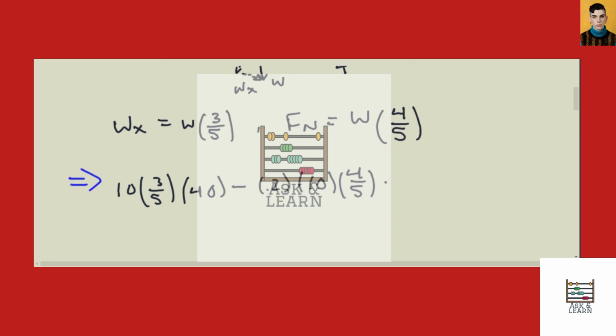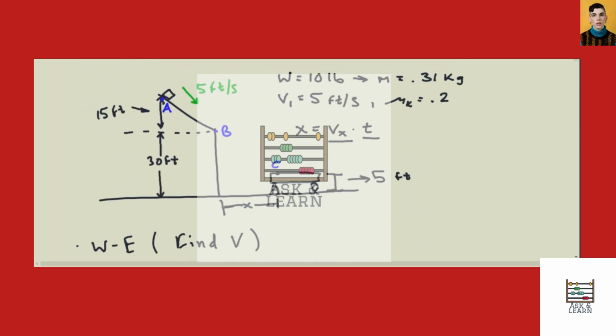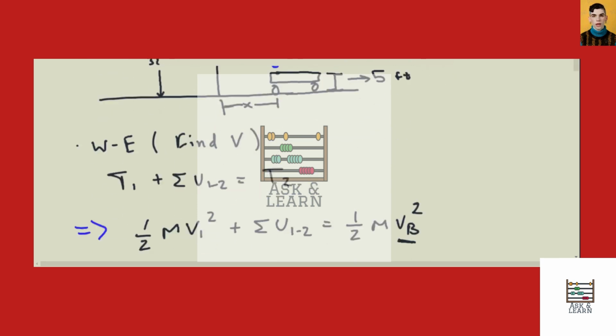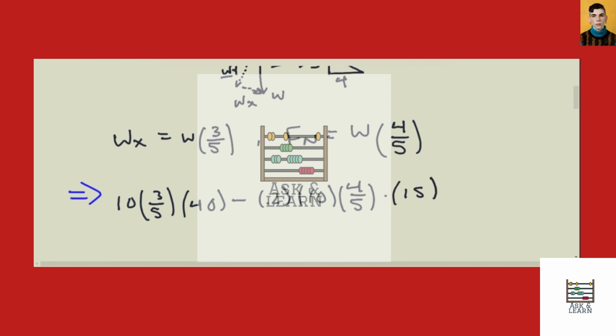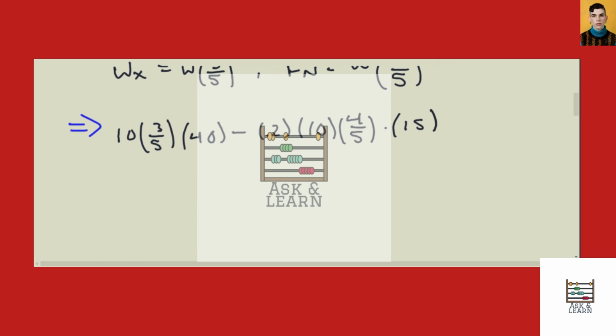The kinetic friction is only experienced between points A and B, so the friction is only experienced for 15 feet. Plugging this into the calculator, for the work we get 216 joules.